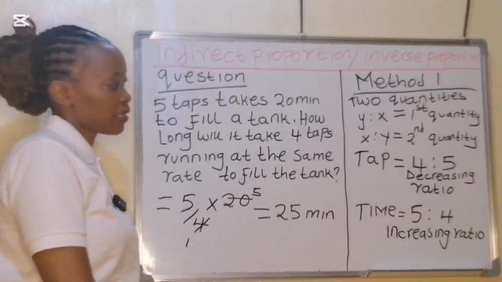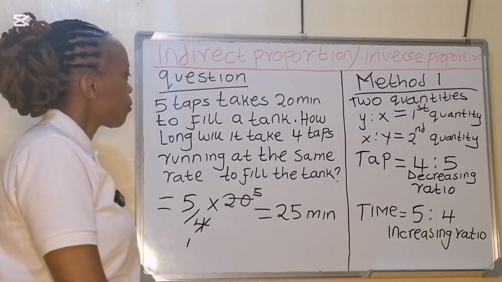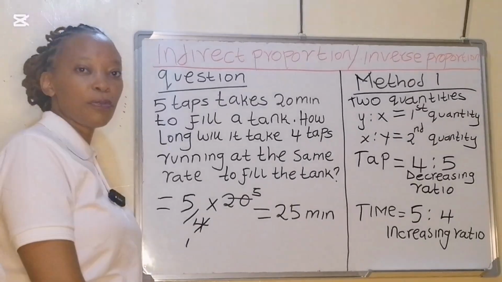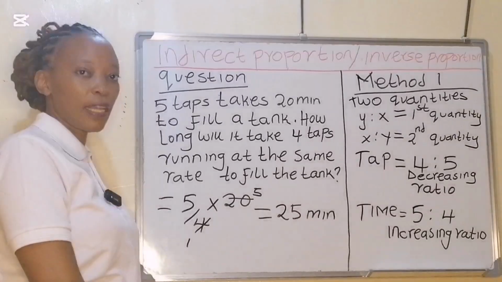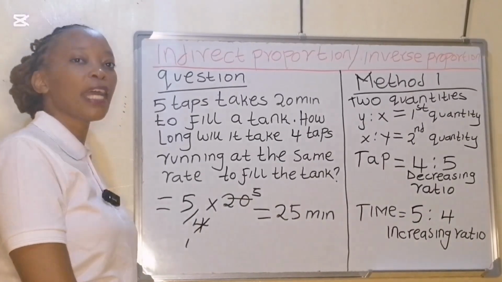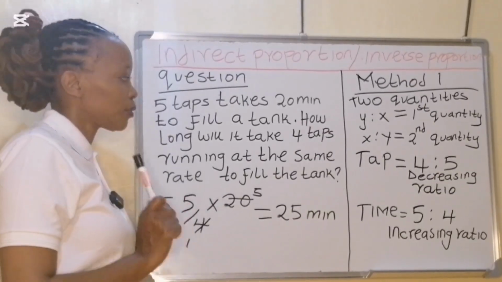It makes sense because if 5 taps can take 20 minutes, 4 taps can take 25 minutes, because time will increase if the taps have decreased. I hope you are with me up to that point.